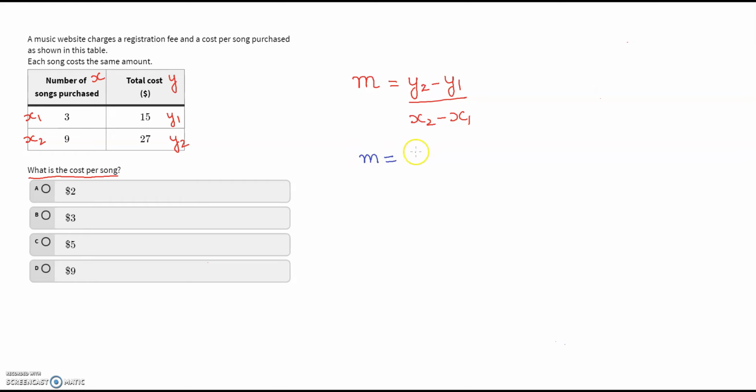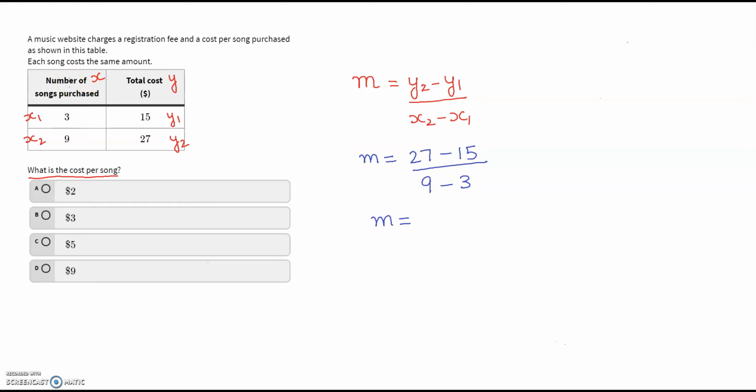So I have Y2, which is 27, Y1 is 15, and X2 is 9, X1 is 3. And I mentioned earlier, the cost is the dependent variable and the number of items is the independent variable. That's why it's X and the cost is Y.